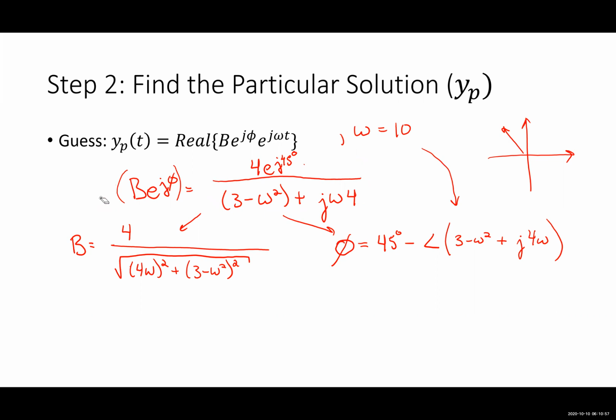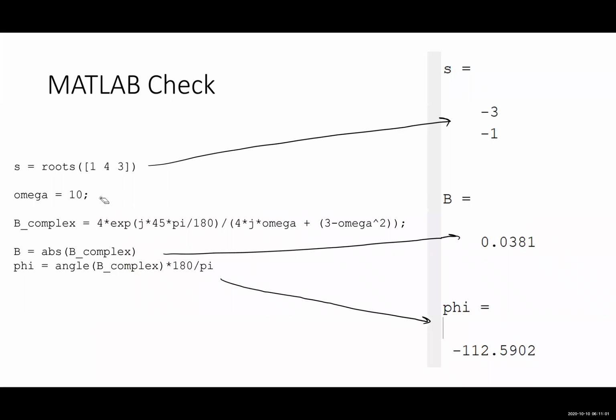All right. Now to solve this, what I do is I do this in MATLAB. So what I did here is I got a little piece of code where I use this roots function. I talked about that. The roots function will solve for me the quadratic equation. So my characteristic equation is s squared plus 4s plus 3, like that, and that's equal to 0.